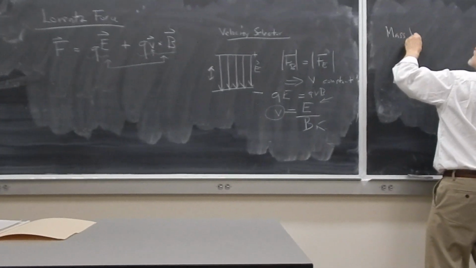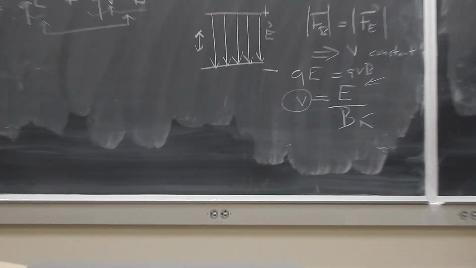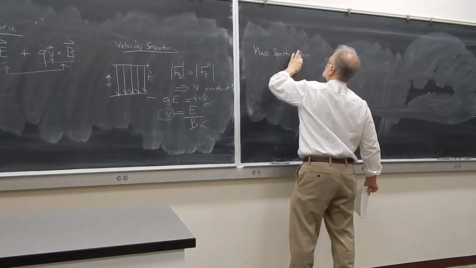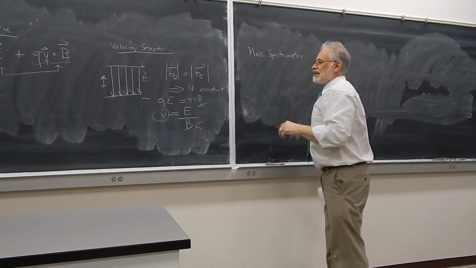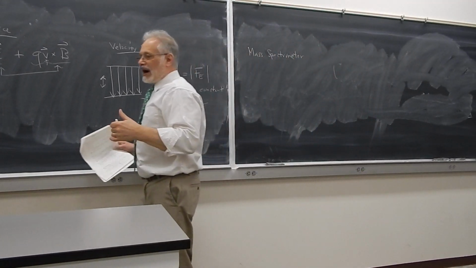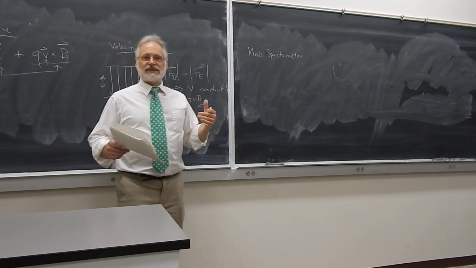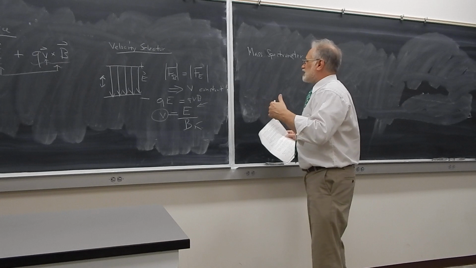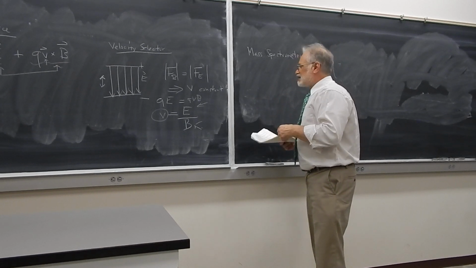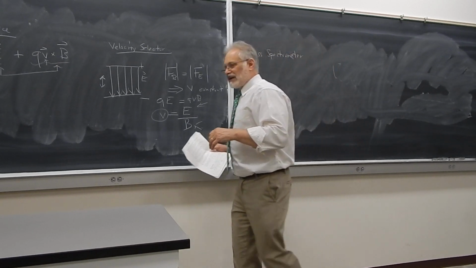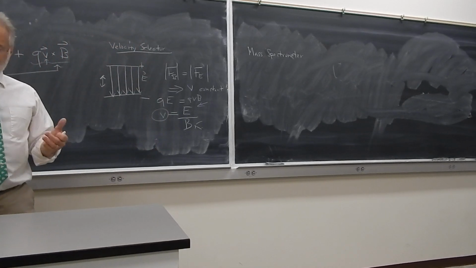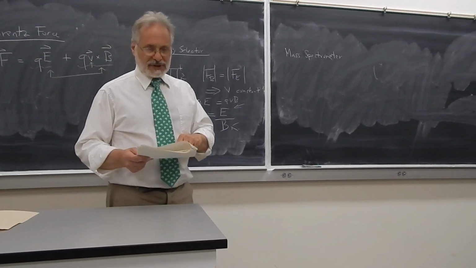As I said, one of the applications for the velocity selector is in the device called the mass spectrometer, which is used in chemistry generally to separate different ions of the same element by having them take different curves because of their different masses. You can read more about the details of the mass spec in your textbook or in chemistry texts.